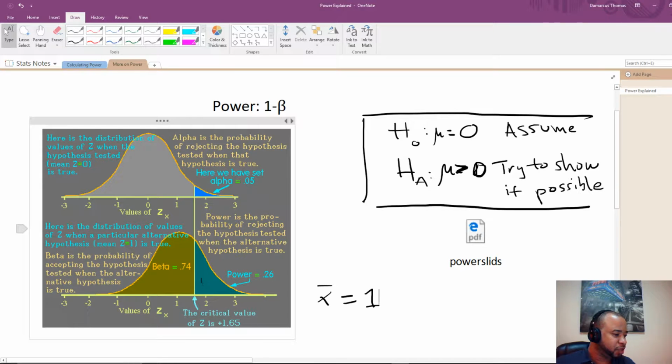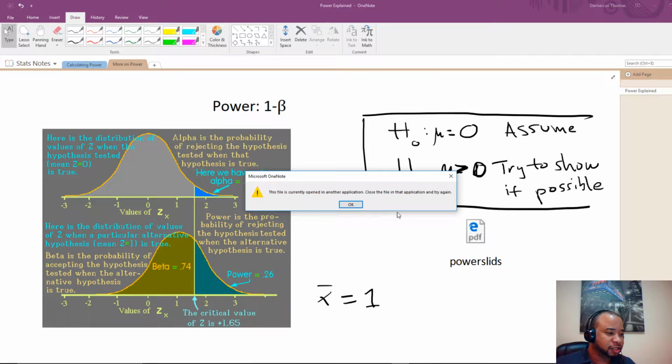All right? And so, as you can see, as this shifts further and further away from the mean, the beta gets smaller and smaller, and the power gets bigger and bigger, and vice versa. So I guess this is a good illustration of what's happening.